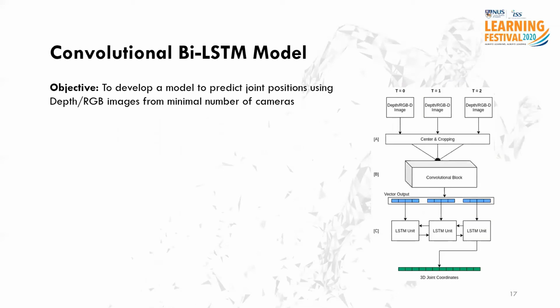However, this tool also requires a multiple camera setup, which might not be readily available in every setting. So the objective of this model is to predict the joint positions using depth and/or RGB images from a minimal number of cameras, such as a single camera source.